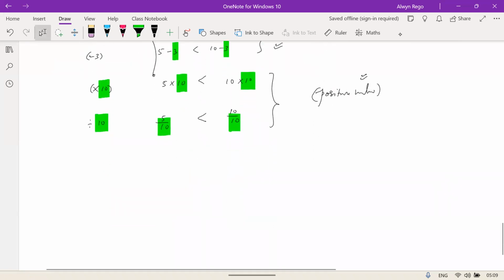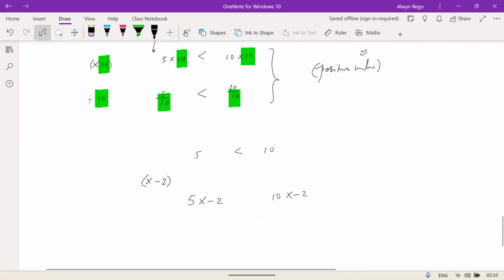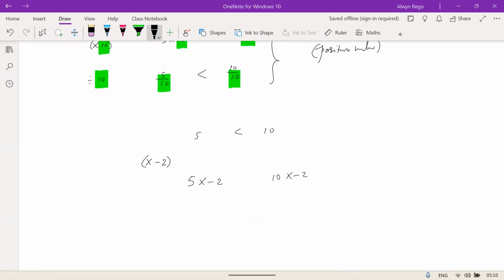So supposing I try, let's say you have 5 less than 10, and I multiply by -2 on both the sides. So you have 5 times -2 and 10 times -2 here. You find that -10 and -20, if you look at, on the number line, maybe this is 5, this is 10 here.